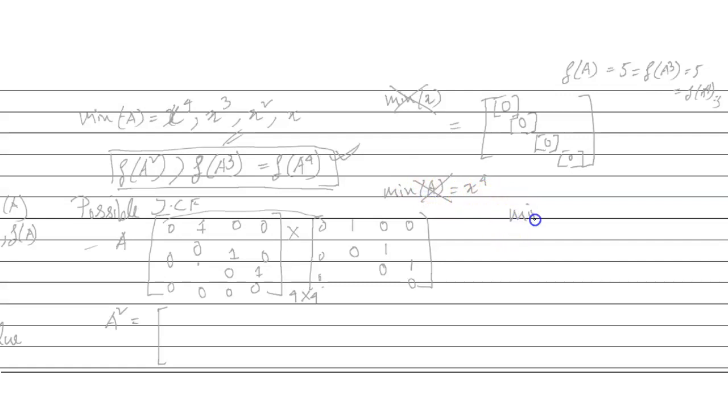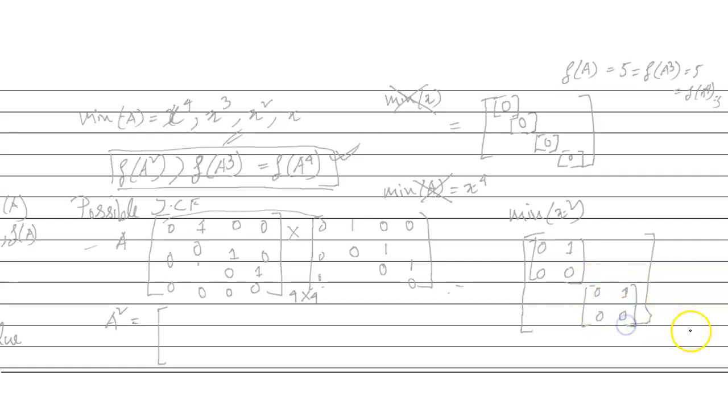If my minimal polynomial is x square, so whatever I get, friends, my possibility is 0 1 0 0, another 0 1 0 0.